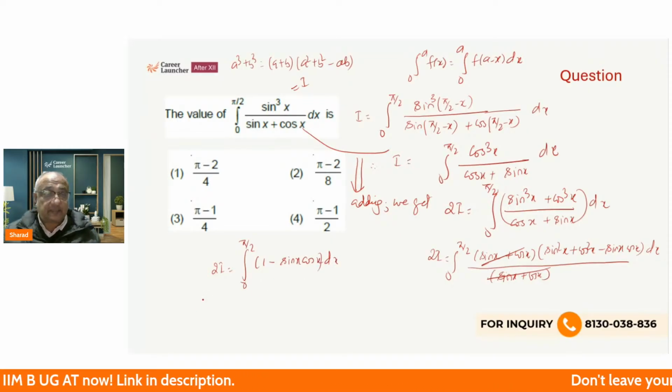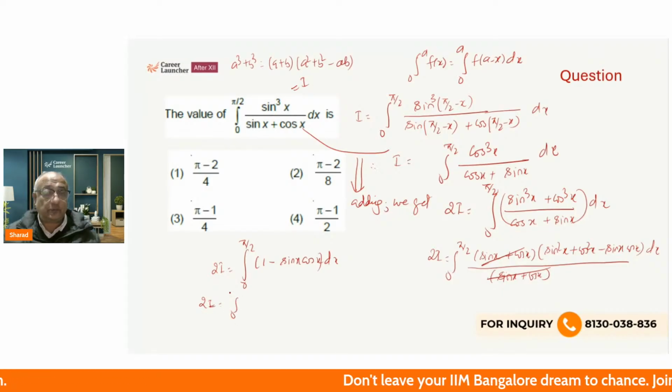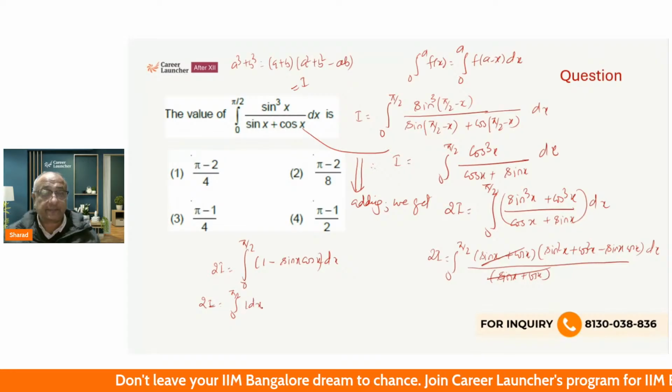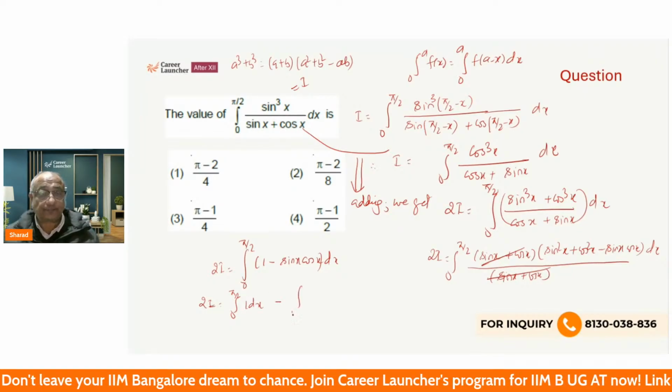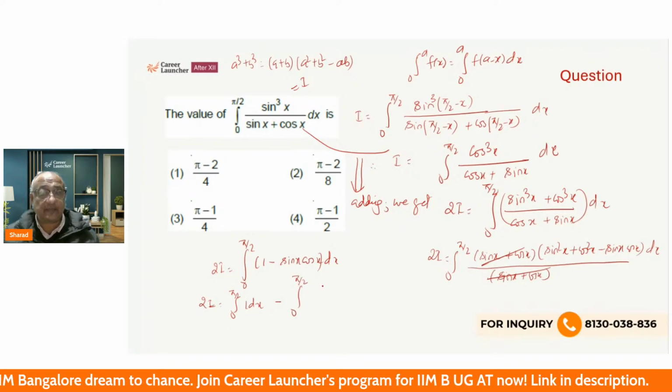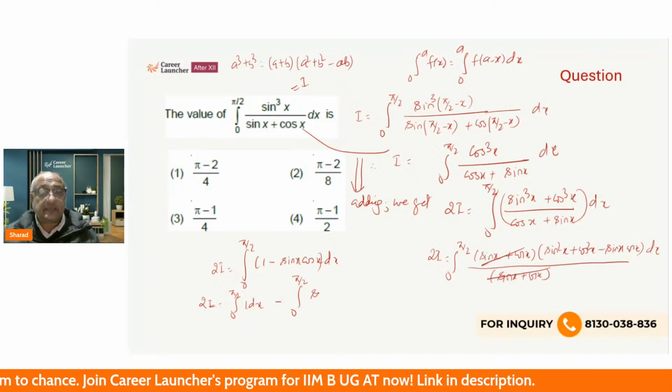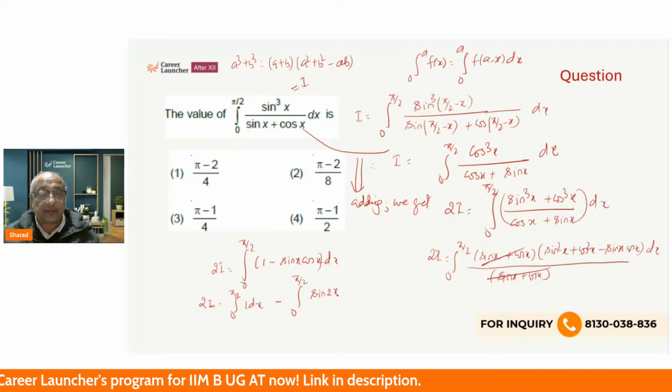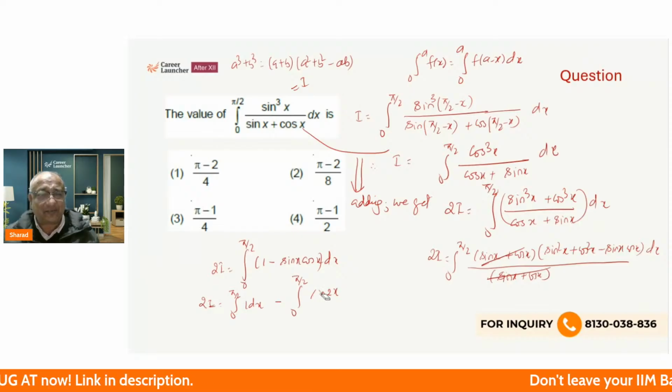So 2I is equal to integral 0 to pi by 2 of 1 dx minus integral 0 to pi by 2 of sin x cos x, which can be written as sin 2x by 2. Forget about it. Why should I do this? Unnecessary trigonometry.